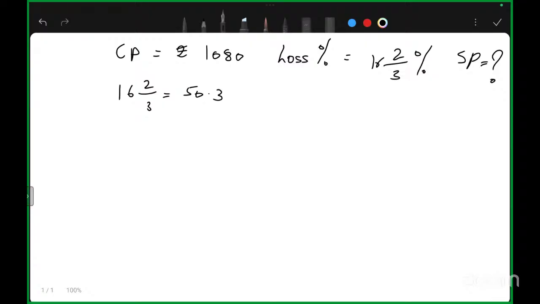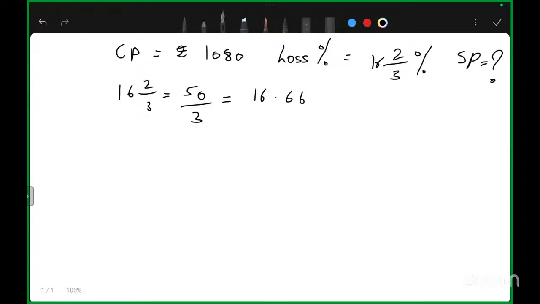I'm going to use 16.66 because I want to eliminate the fraction in this step. Now the formula: if you remember, before starting this exercise, I taught you some formulas. What were the formulas?